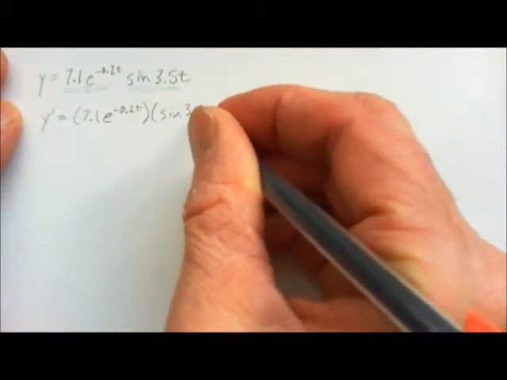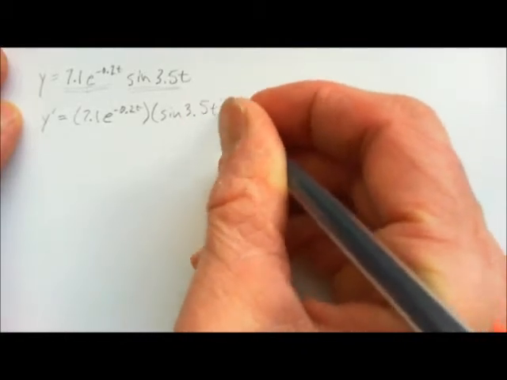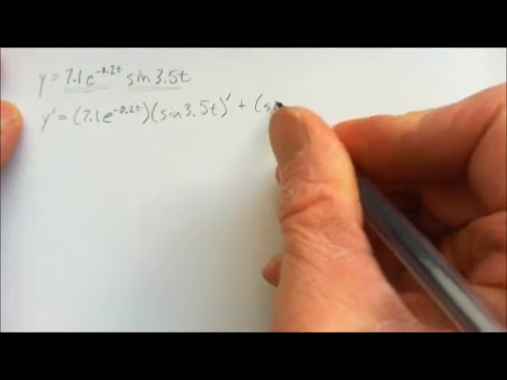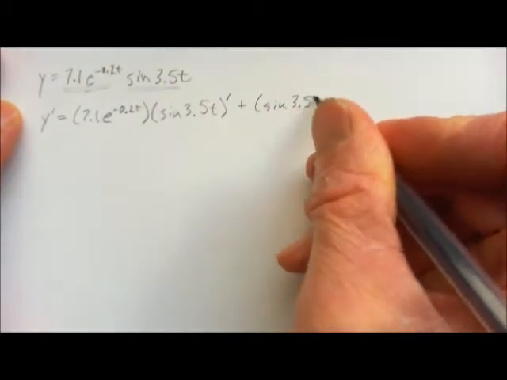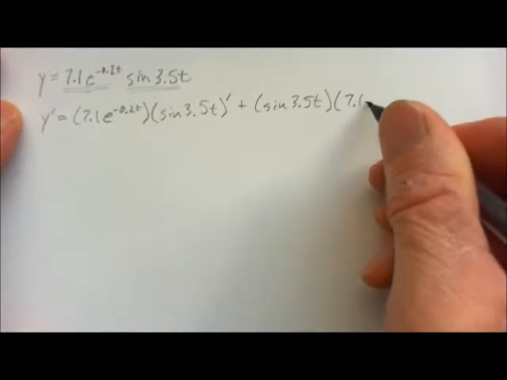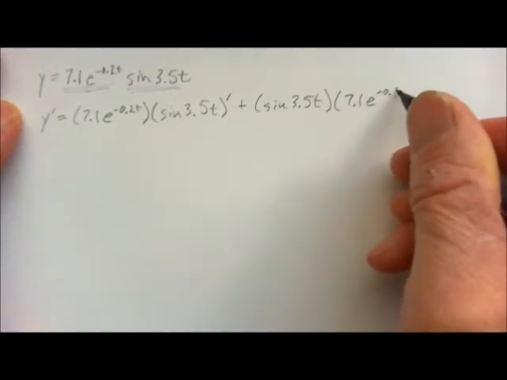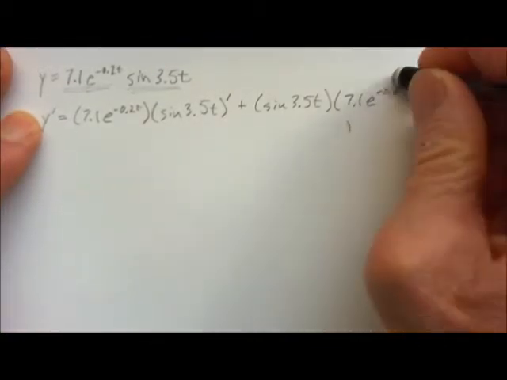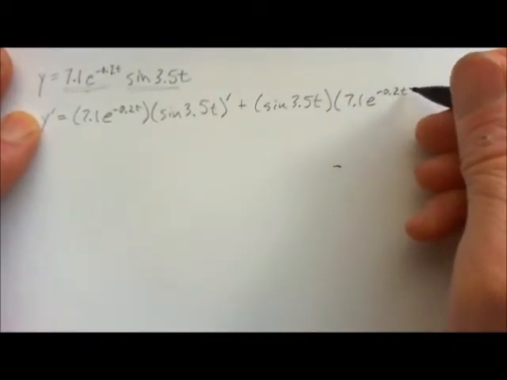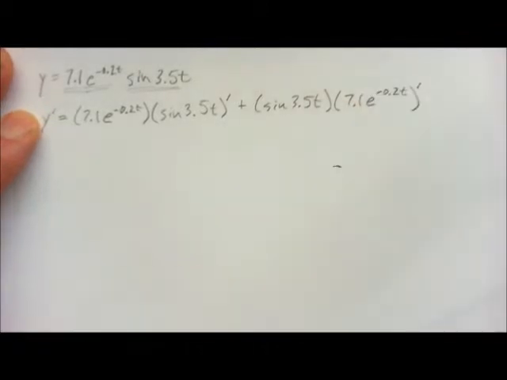I'm not going to actually take that derivative yet. So I'll indicate it with a prime like this, plus the second, sine of 3.5t, times the derivative of the first. So I have 7.1 e to the minus 0.2t. Oops, it's not a z, it's a 2. And we want the derivative of that.